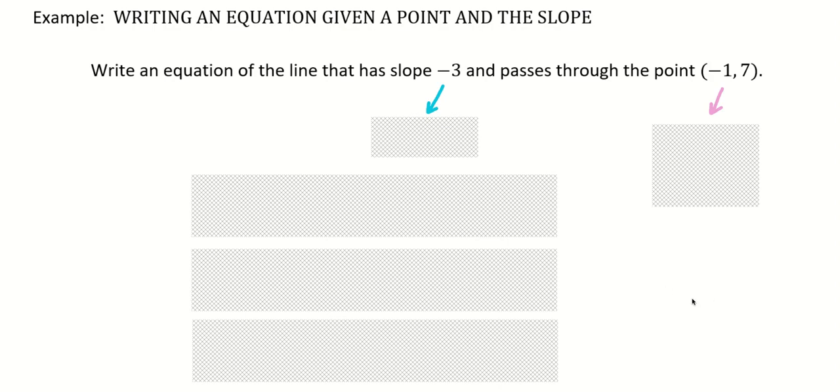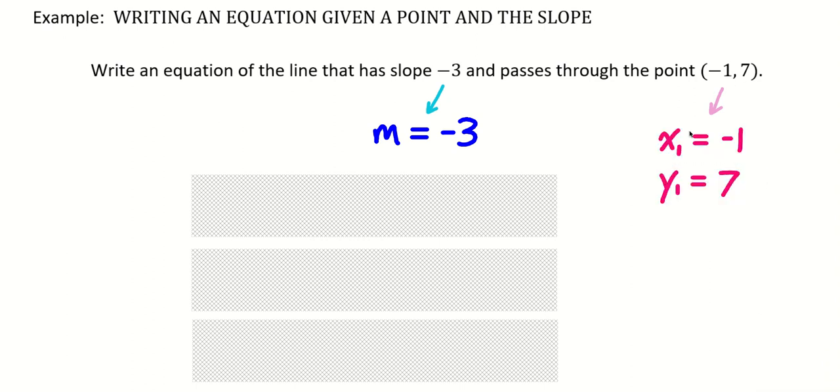So here we go. One type of question you can answer is, if they give you the slope and some point, what's the equation? This is as basic a question as you can be asked. If we just tell you what m is, and we just tell you a point, which is basically telling you what x1 and y1 equal.